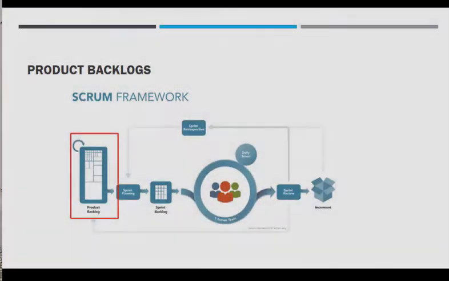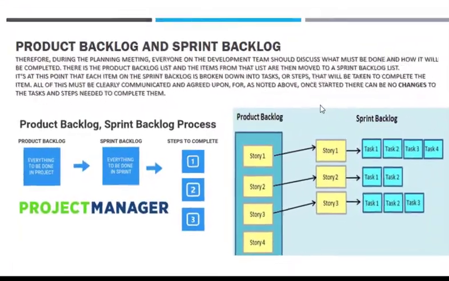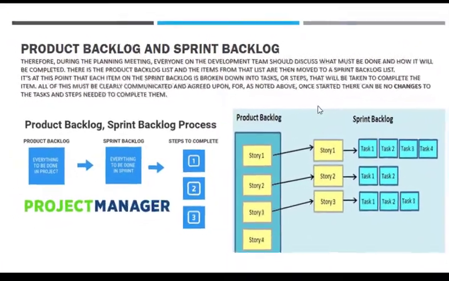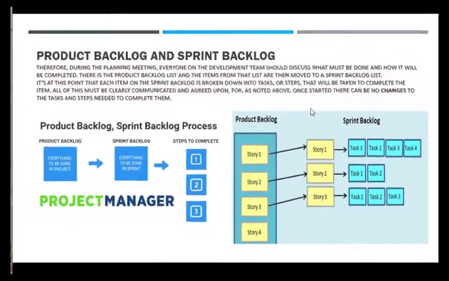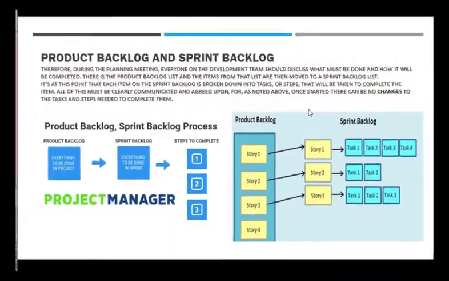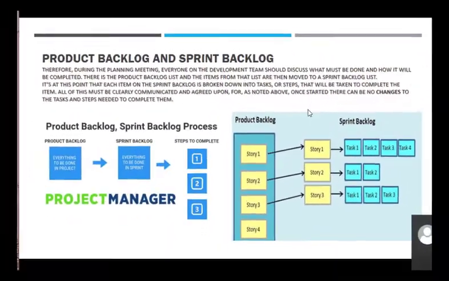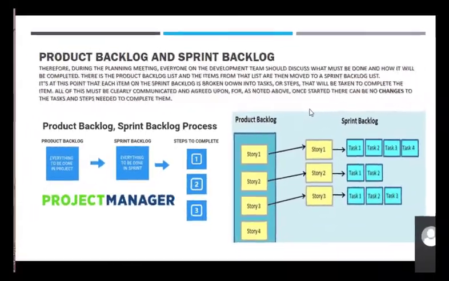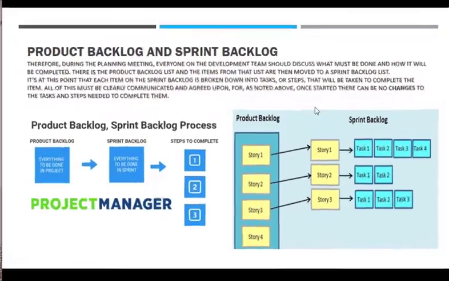So this is the product backlog. And what is the difference between a product backlog and the sprint backlog? During the planning meeting, everyone on the development team should discuss what must be done and how it will be completed. There is the product backlog, and the items from that list are moved to the sprint backlog list.